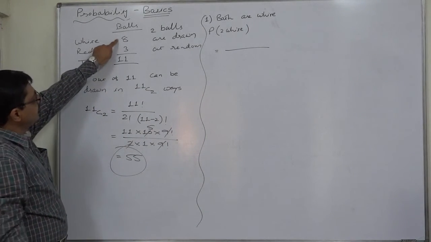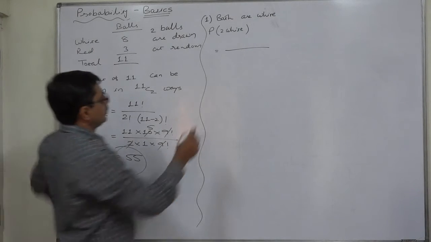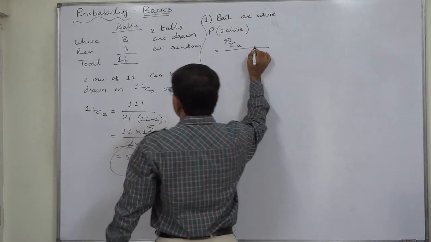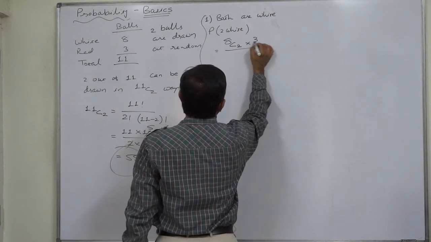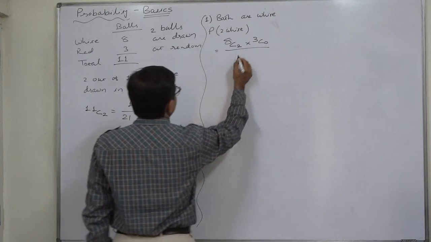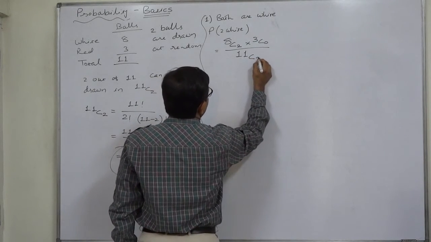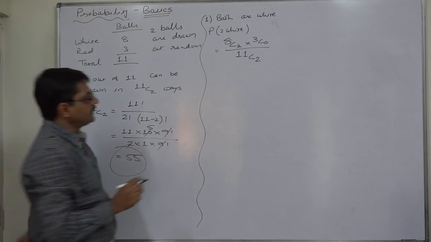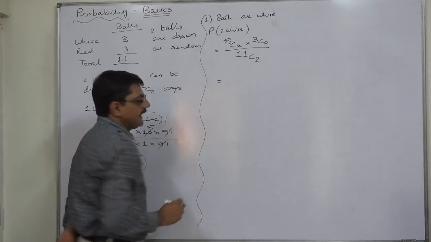What about favorable cases for 2 white out of 8? 2 white out of 8 can be drawn in 8C2 ways and no red out of 3. This is the ratio of favorable cases to total number of cases.